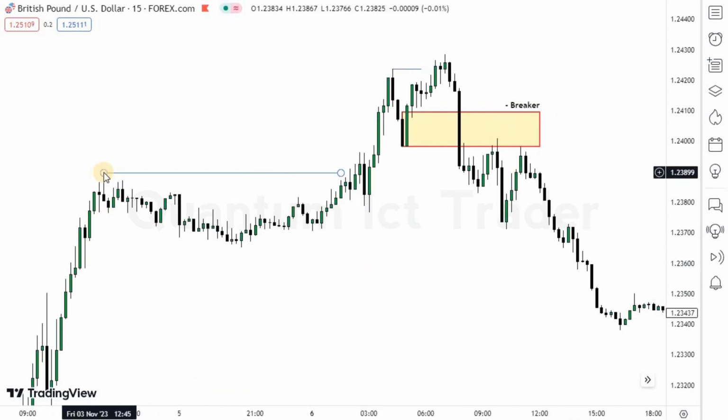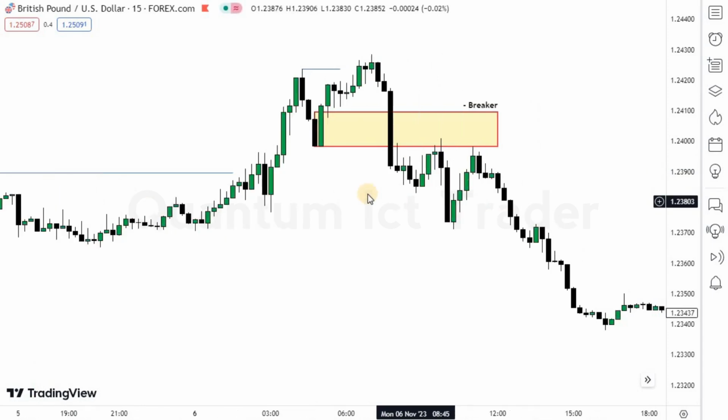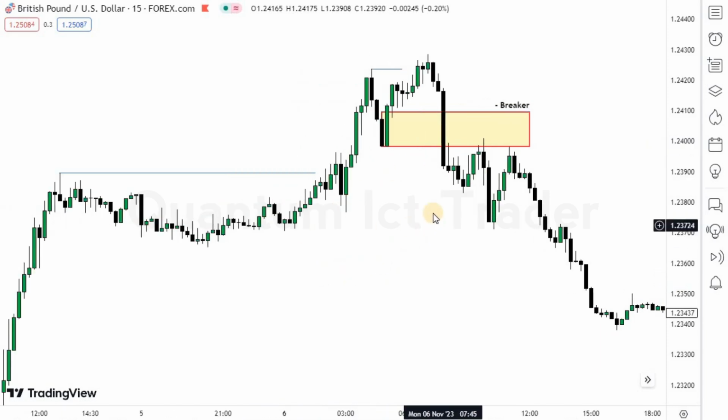You could see a high that's already been taken here. And after taking that high, market again took that short term high and then aggressively broke that low.